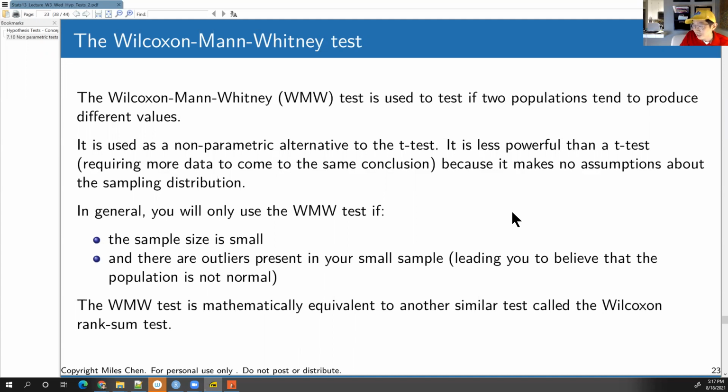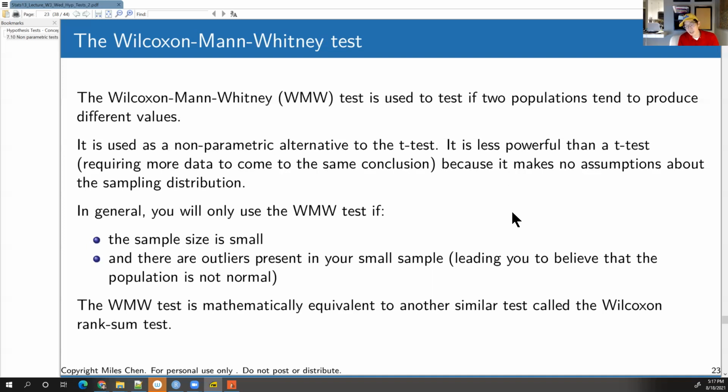The Wilcoxon-Mann-Whitney test says, you know what, let's give everybody the benefit of the doubt. This person was rude to the wait staff and it was a bit of a turnoff, but maybe this person was just having a bad day. We'll give them a second chance. So that would be the non-parametric test. It requires a lot more data to come to the same conclusion of rejecting the null hypothesis.